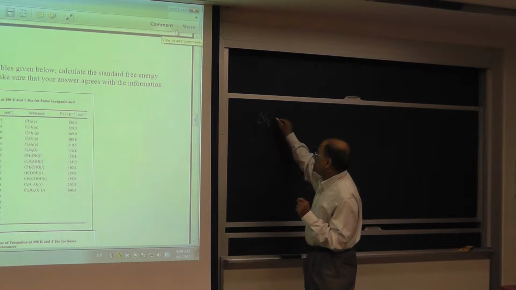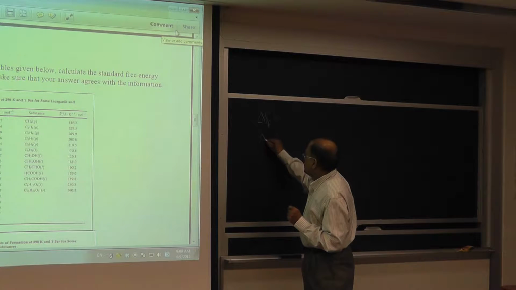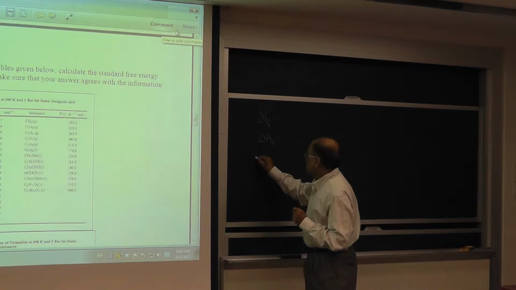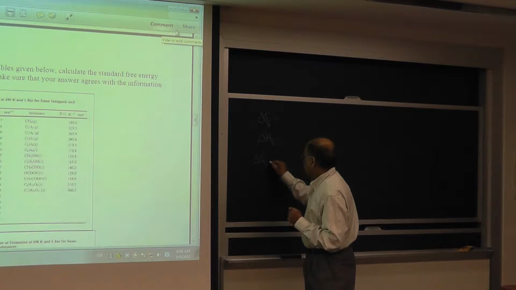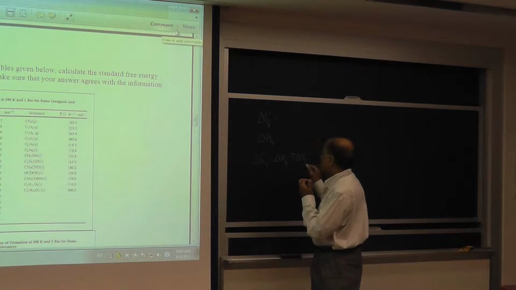So you have to first calculate delta S_f. You're given delta H_f, and then you do delta G_f equals delta H_f minus T delta S_f.